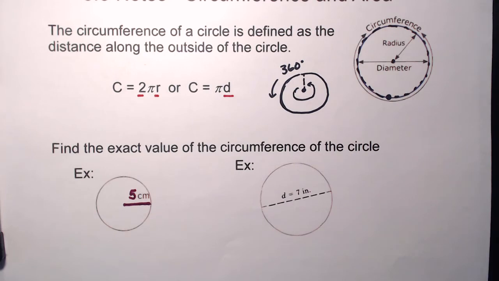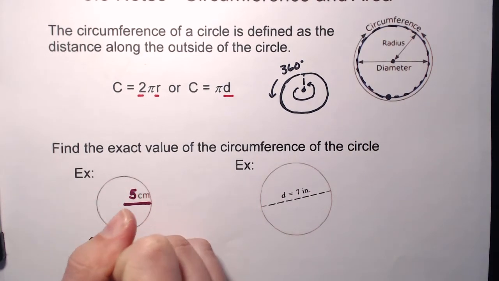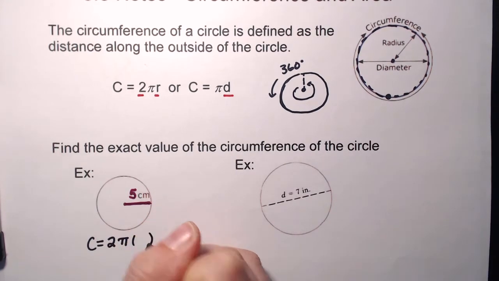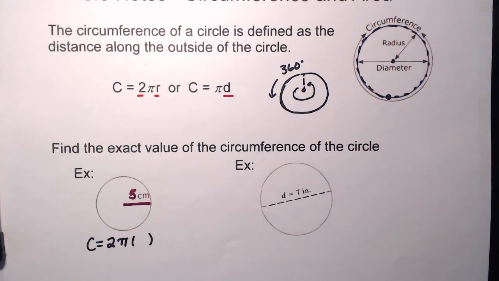So the circumference is just going to be 2 times pi times the radius. And then we can use the calculator. So there's going to be 2 answers I'm looking for.